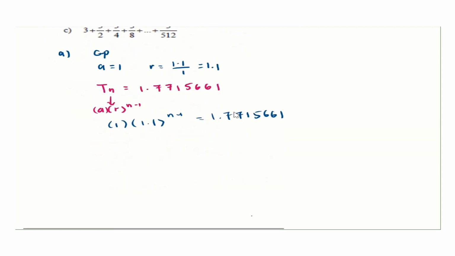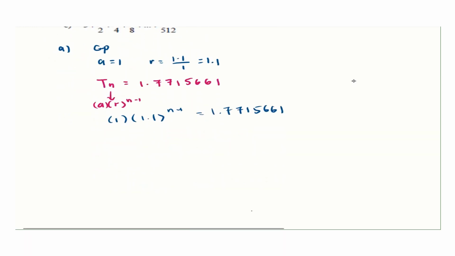Then we solve this equation to get n, which is the number of terms, how many terms in total. So 1 multiplied by 1.1 to the power of n minus 1 is 1.1 to the power of n minus 1 equals 1.771561. Since the base here is 1.1, the 1.771561 we cannot change to base 1.1.